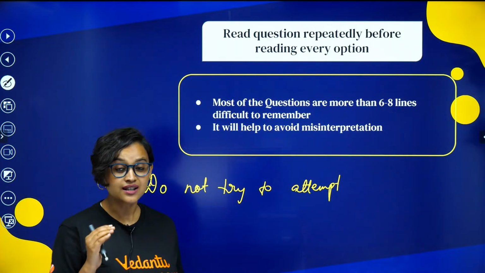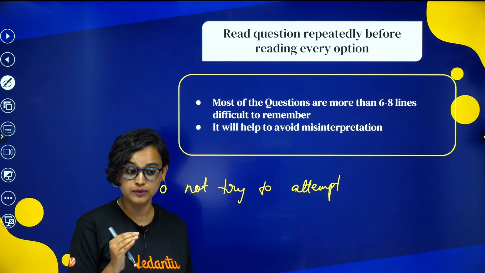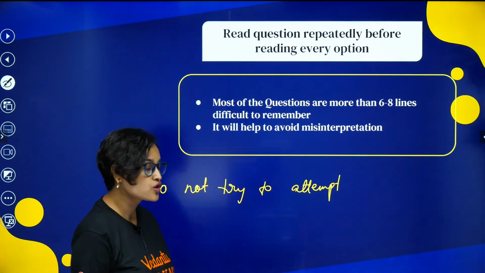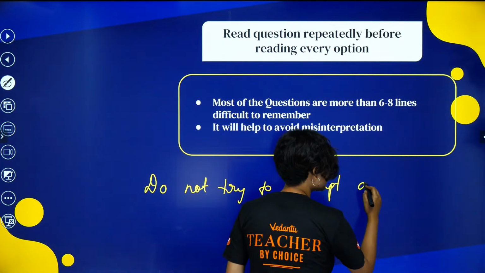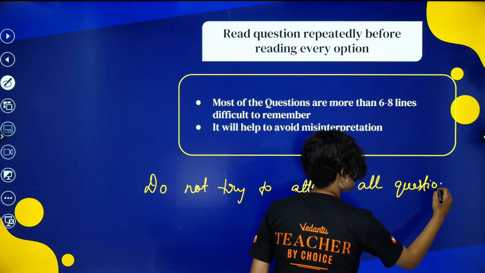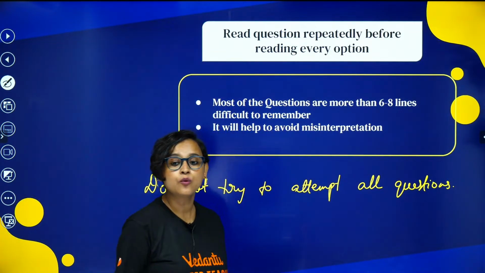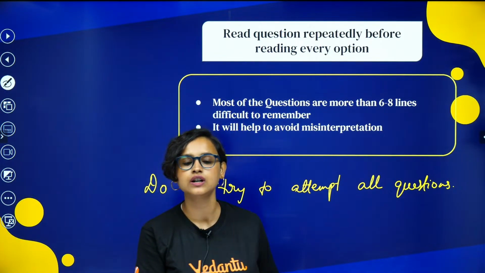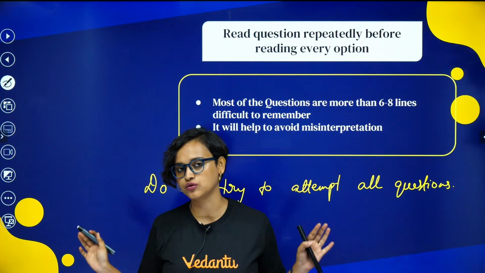And that is important for you, that is rank deciding. So do not try to attempt all questions. Only whatever you are sure of, all the questions that you are sure of, just attempt those.